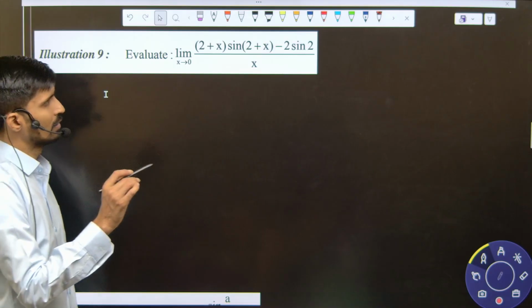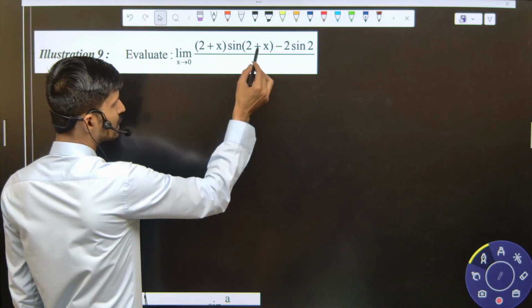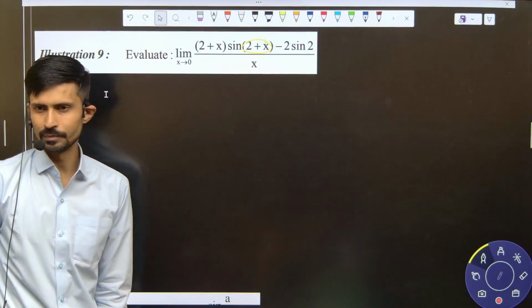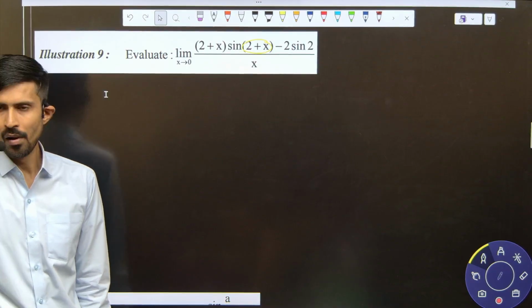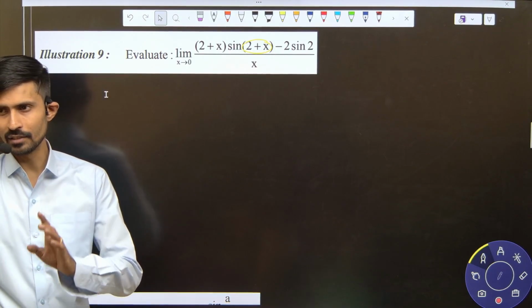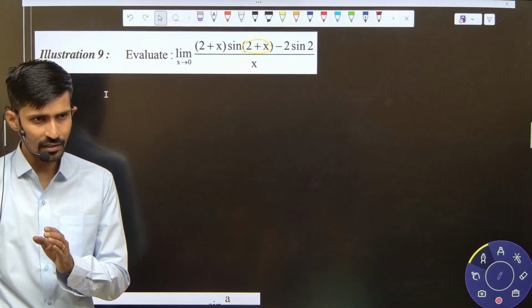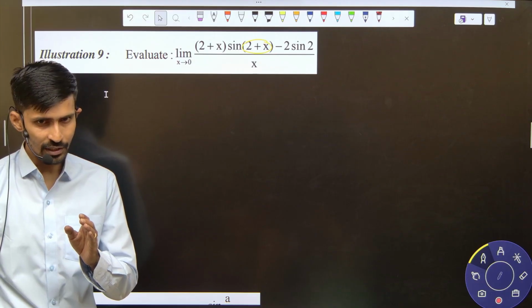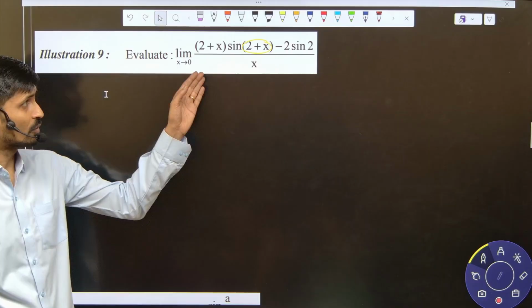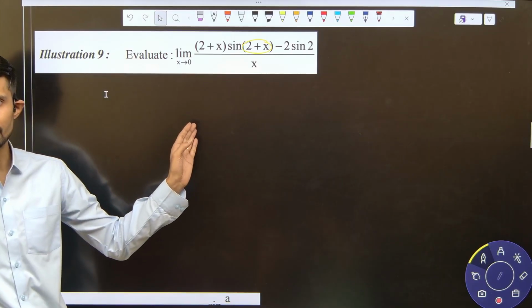So here, if you see, the first thing is this 2 plus x is creating the main problem. Okay. But when you go to the differentiability chapter, after limits, then continuity, and then differentiability, when you learn the differentiability chapter, this question we can write a direct answer.